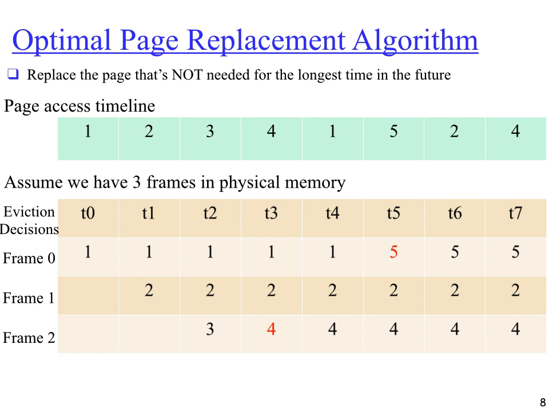So we evict page 1 and bring in page 5. And subsequently, when page 2 is accessed, there's no page fault, and then when page 4 is accessed again, there's no page fault. So here we saw that by looking into the future page accesses, we were able to determine which page can be evicted. So of course this algorithm is called optimal for a reason, and we will look at the reasons why it's called optimal.